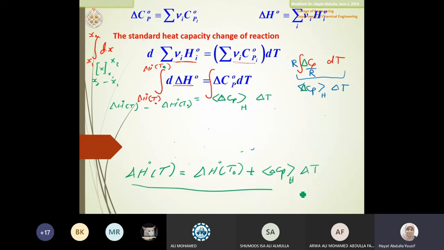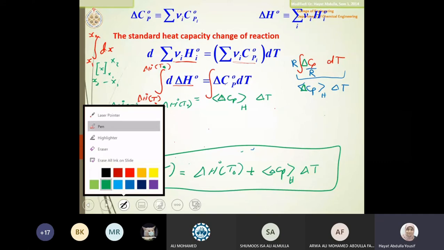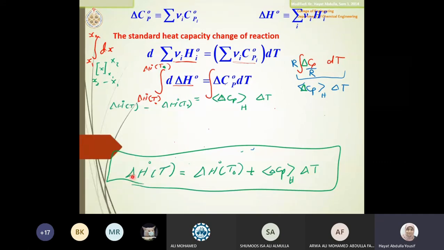Wow, that is a very useful equation. Let's look at it from a thermodynamic point of view and explain it. What does this equation mean? It simply means that, listen carefully, if you want to find the standard heat of reaction at any temperature, then you have to calculate the standard heat of reaction at the reference temperature, which can be 298 because I have a table for it.